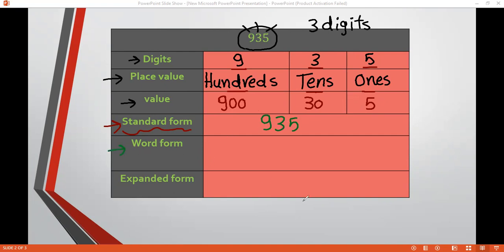Next is word form. You want to write it as words.